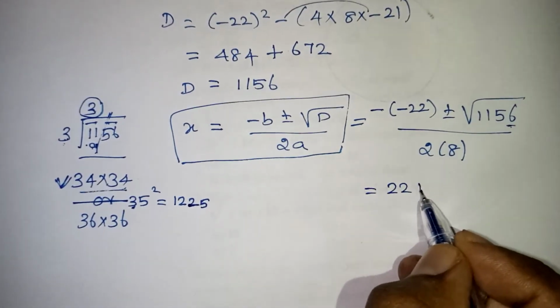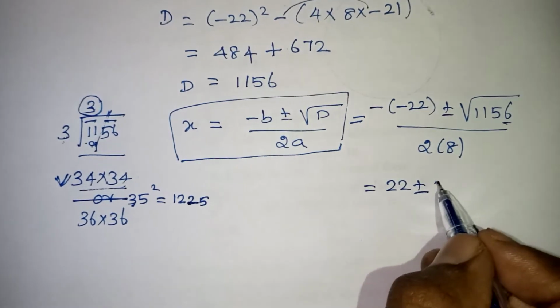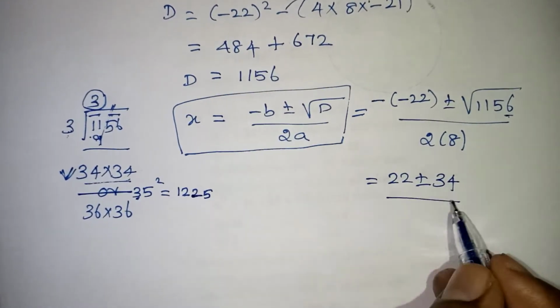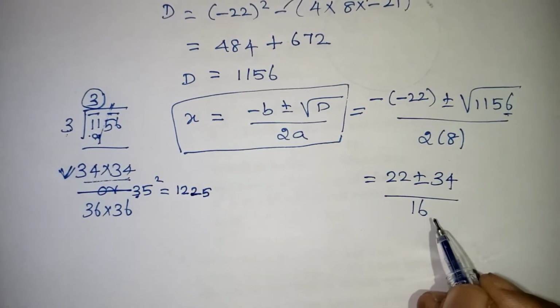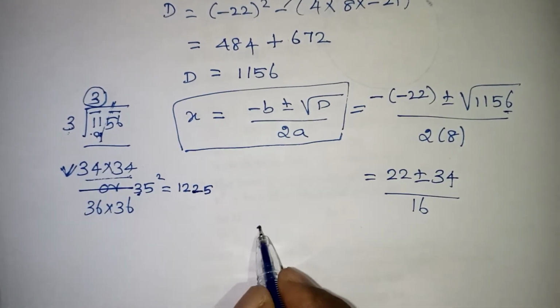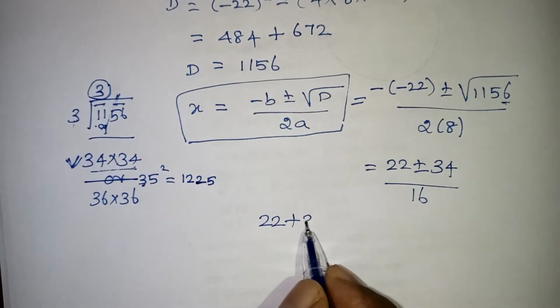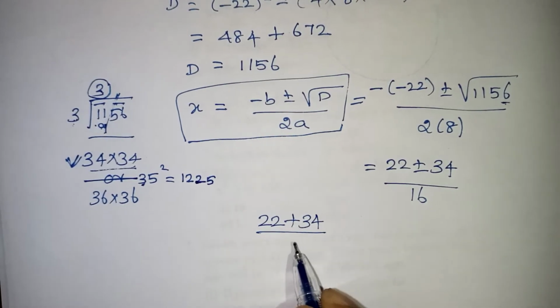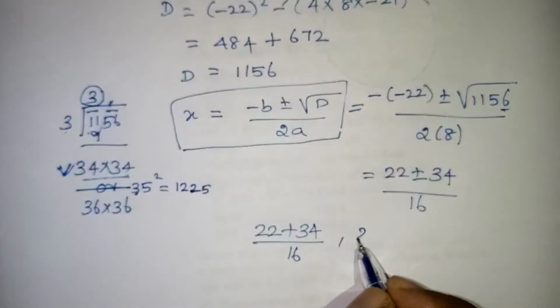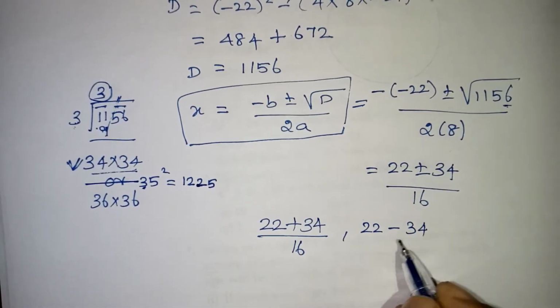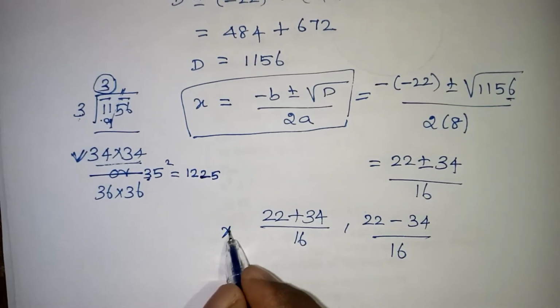So 22 plus or minus, taking the root of this number, definitely it will be 34, divided by 2 8s are 16, you write it. Now along with the plus sign we take one number, along with the minus sign we take another. 22 plus 34 by 16, 22 minus 34 by 16, both are equal to x.